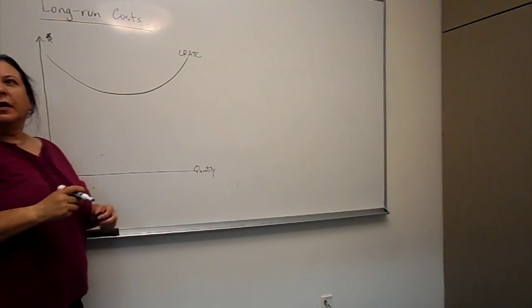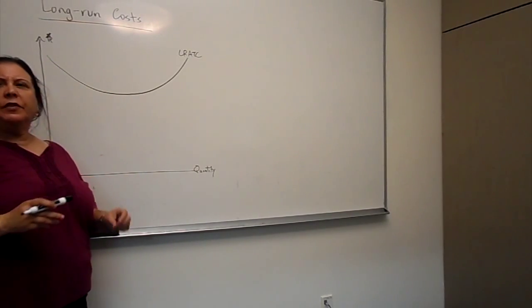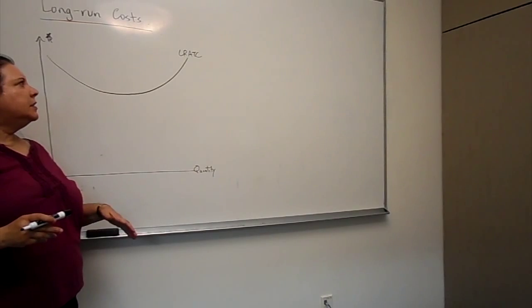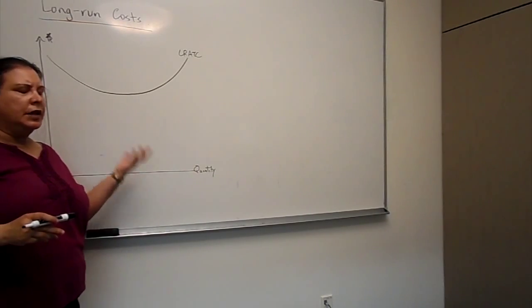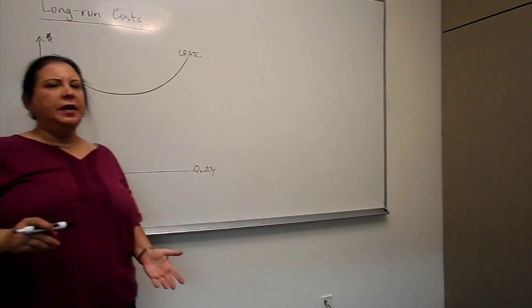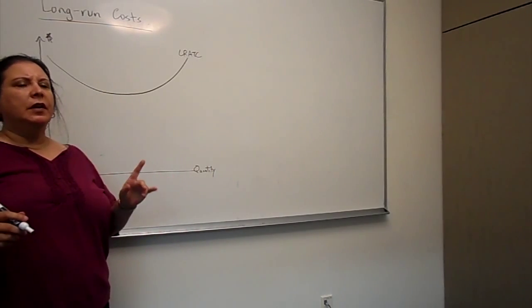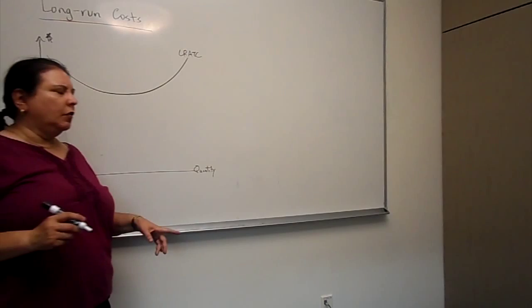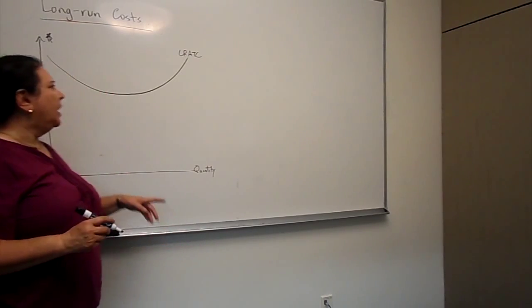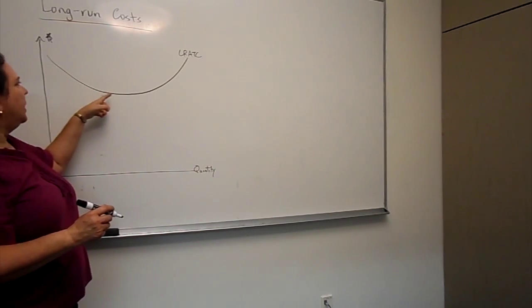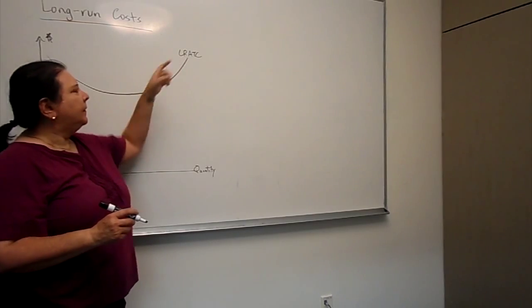Okay, again, the long run average total cost is the total cost in the long run divided by the quantity. It's the per unit cost in the long run. Okay, and again, it's going to come down and come back up.